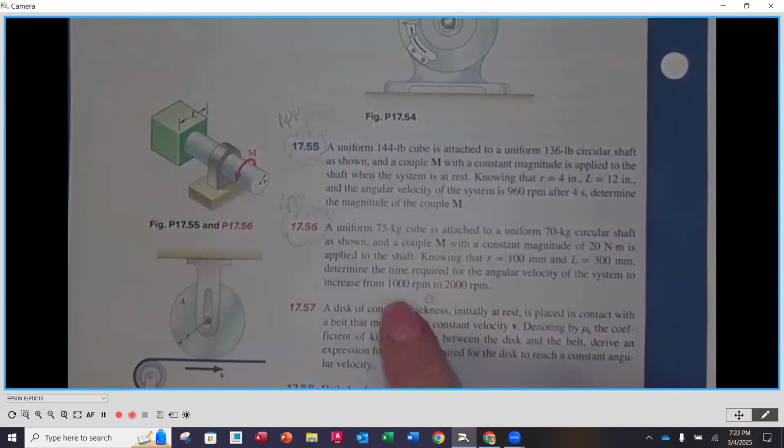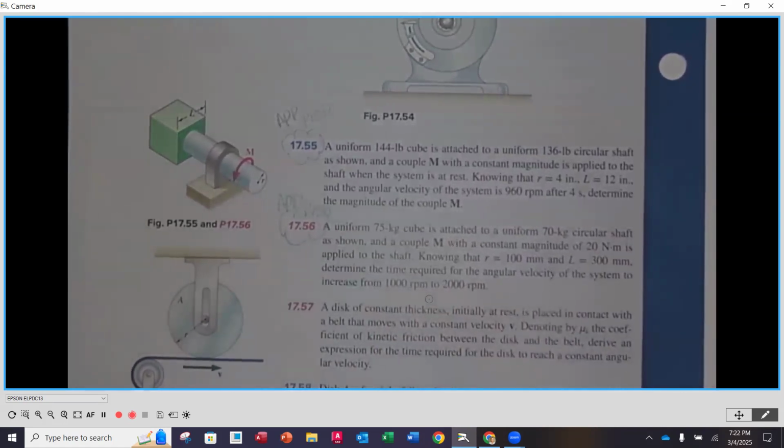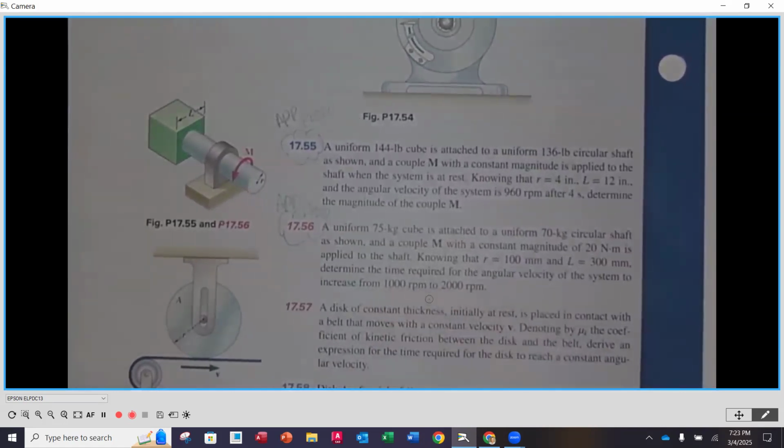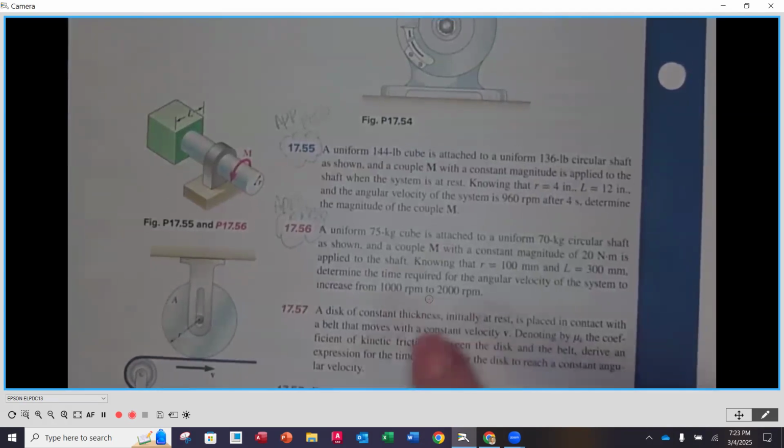So in this case, you have a W1 and then a W2, a before and an after. A lot of times we start from rest and our W1 is 0, but in this case it would be 1,000 RPMs. Remember, you have to convert RPMs to radians per second to use them in the equations that we looked at.